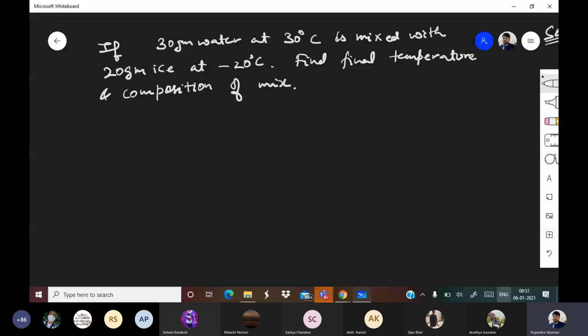Sakshi is saying final temperature is 17.5 degrees Celsius. Okay. Two more answers and then I'll solve this. Right or wrong, immaterial. Rishikesh. 17.